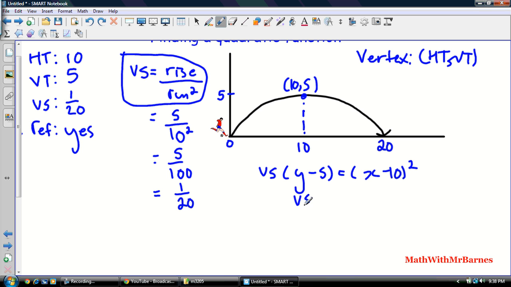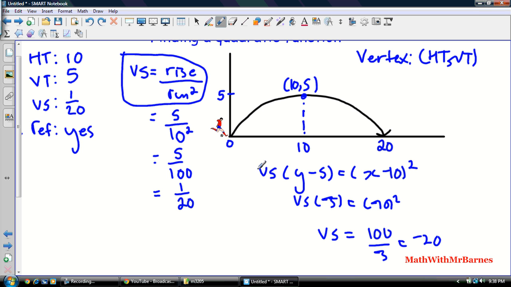Vertical stretch times negative 5 is equal to negative 10 squared, so vertical stretch is equal to 100 over negative 5, which is negative 20.